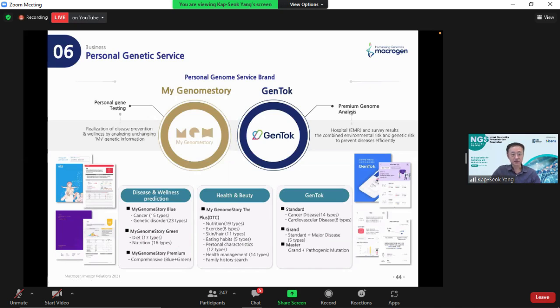For personal genetic services, we have a consumer product called My Genome Story, and a little bit more high-end, the premium genome analysis with our brand name GenTalk. It detects many standard cancer and disease markers.